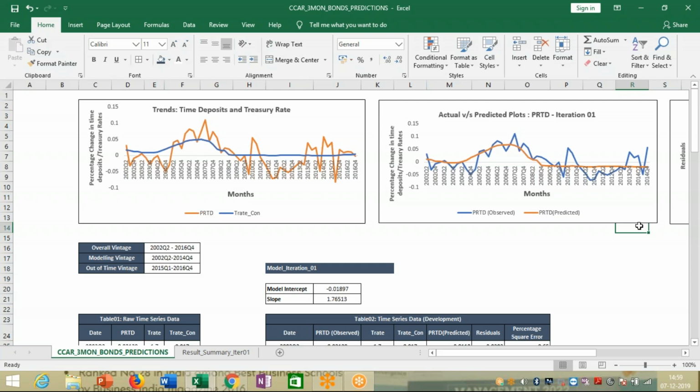If you have a look here, you will see that in 2003 Q2 there was a blip. 2005 Q4, there was a blip. 2006 Q4, there was a blip. So this blip or this demand has an element of seasonality.